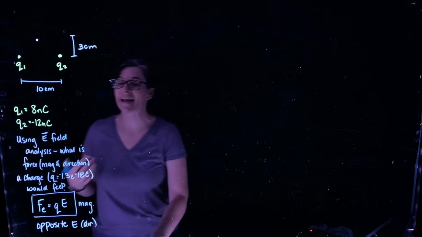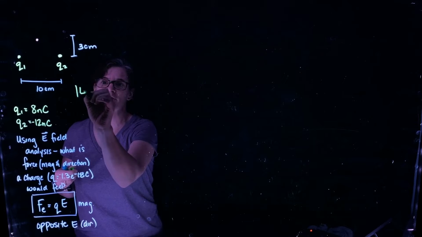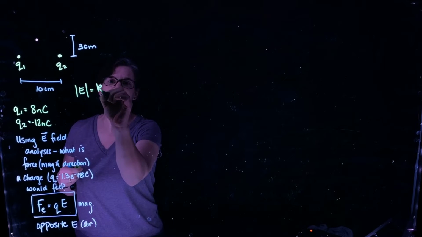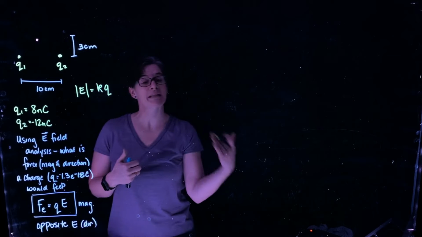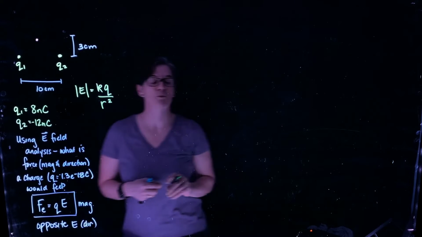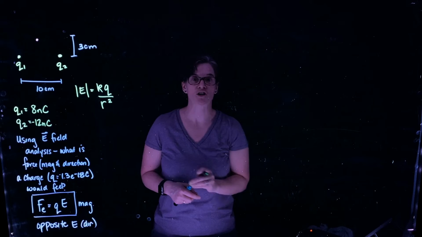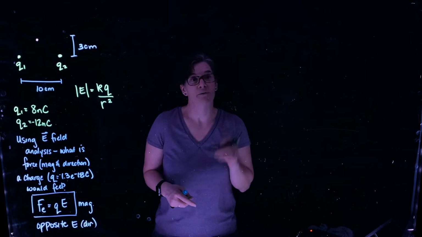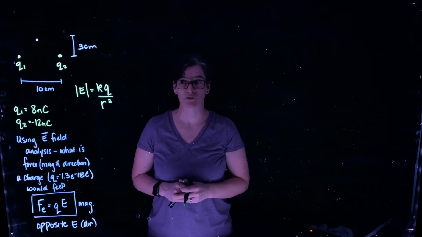So let's remind ourselves that the magnitude of the electric field is given by K, or Coulomb's constant, times the charge producing that field, divided by the radius squared between where I care about the strength of the electric field and the charge itself. So how far away the location I'm interested in is relative to the charge itself.